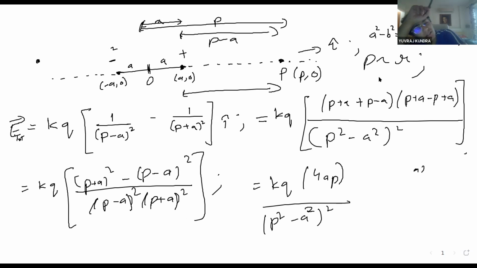So wouldn't it be (p² + a²) whole, multiplied by 2? Not whole multiplied by 2, whole to the power 2. Yes, sir, whole to the power 2. So then why would that be minus and not plus? Because there's a minus sign here.